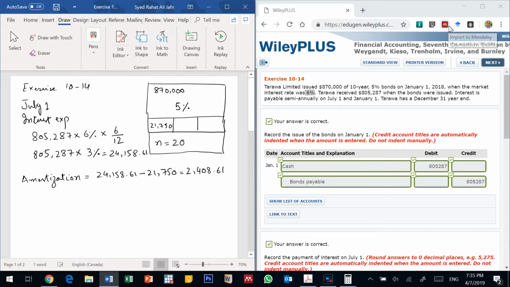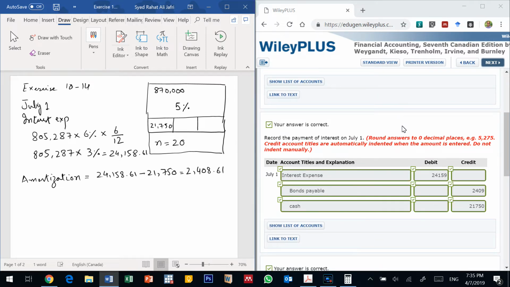So let's see if that amount has worked for us. So yeah, I rounded this number to 2,409 as the problem was asking me to do.